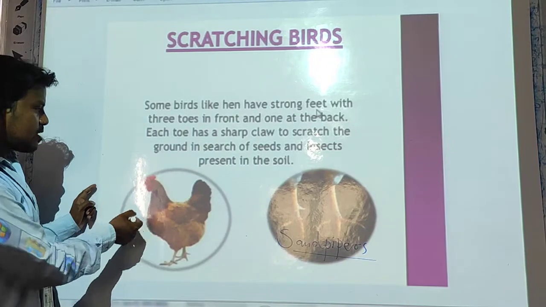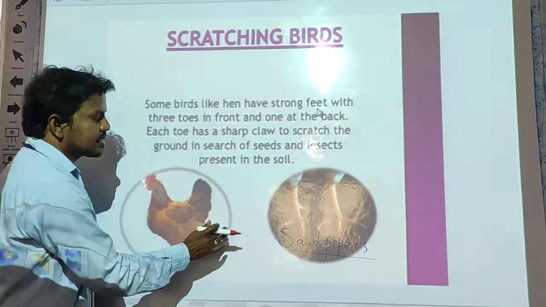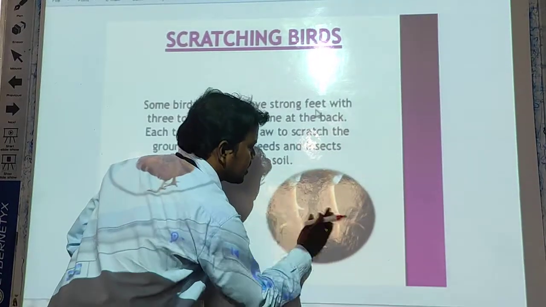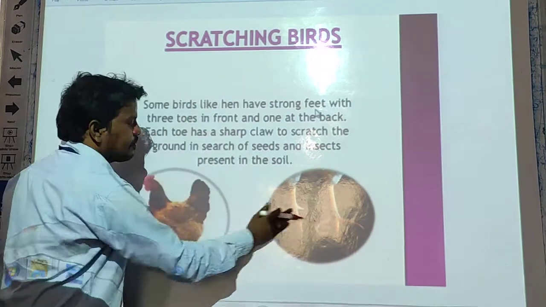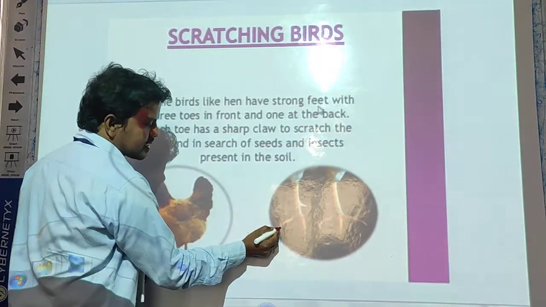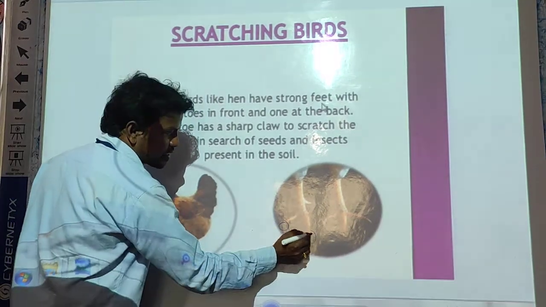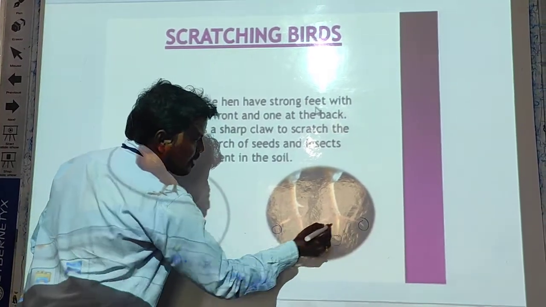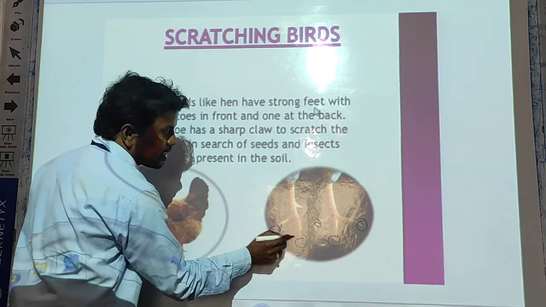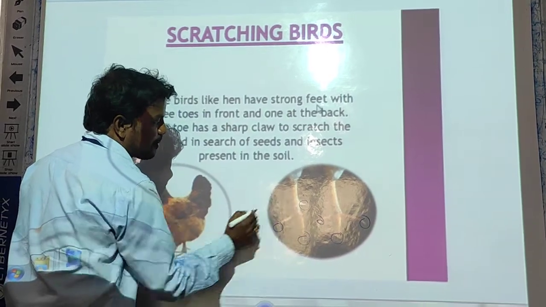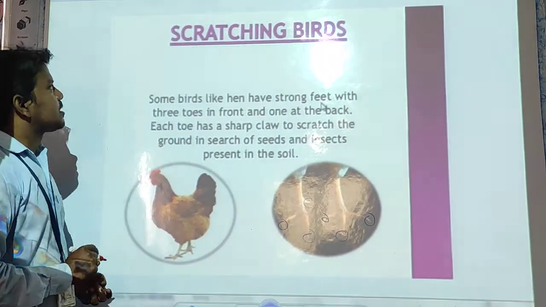Here we can see a cock picture, and this is the structure of the scratching birds. We can see sharp nails. Sharp nails we can see, and these are strong and powerful toes, with 3 toes at front and 1 toe at back in the scratching birds.